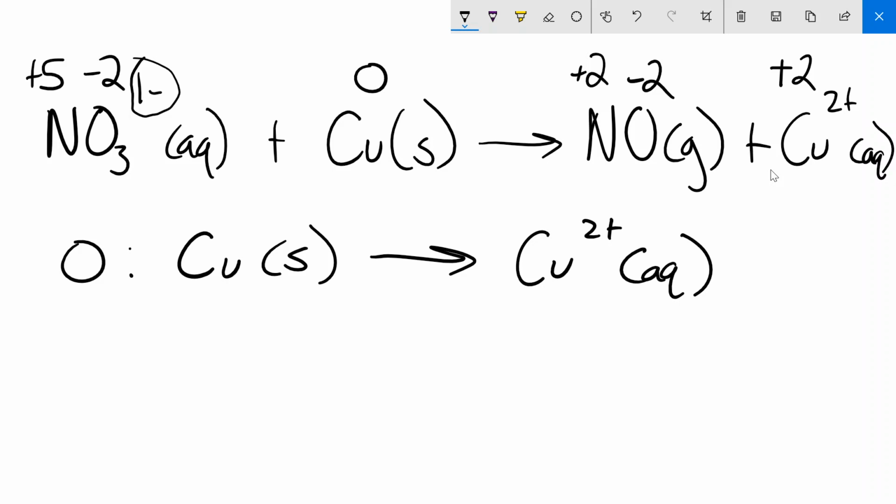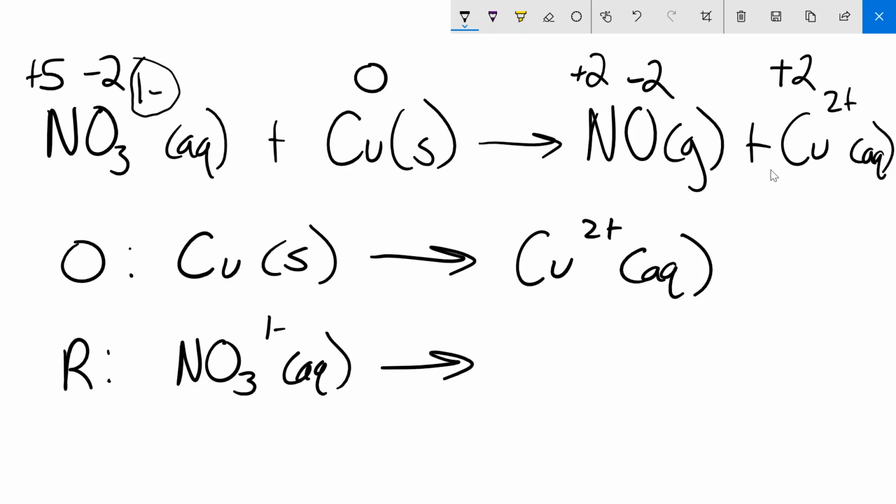That's my oxidized portion. And then my reduction portion is going to be that nitrate ion going to nitrogen monoxide, specifically the nitrogen component. So it goes from NO3 1 minus Aq to NO as a gas.